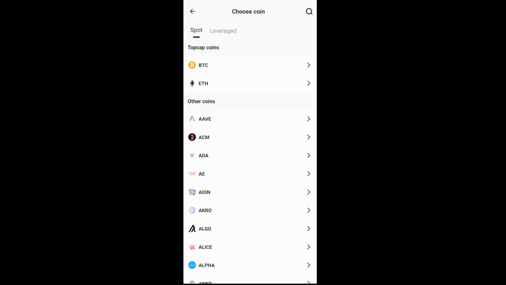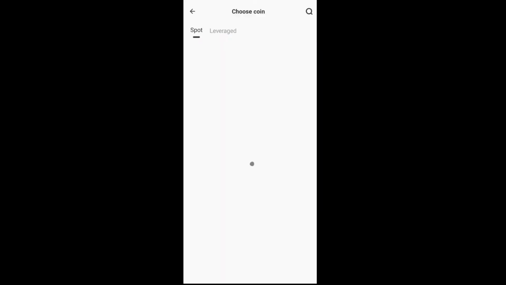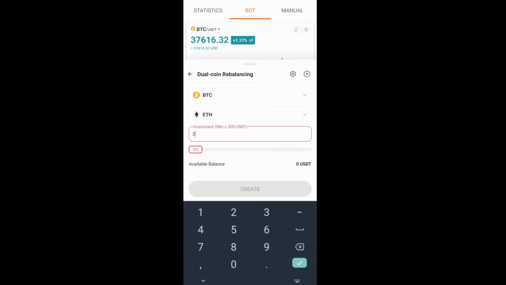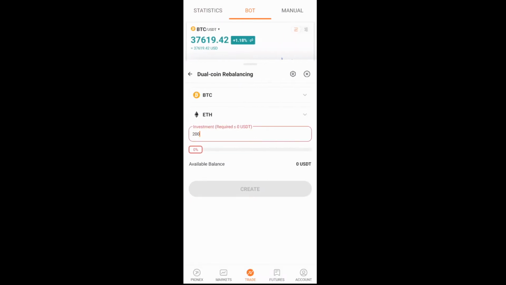The most popular choice would be Bitcoin and Ethereum, the two most favorite assets in cryptocurrency. You can choose any two coins and assign a USDT value from your account. The minimum USDT value required is $200 right now. You just select what amount you need and simply create the bot.